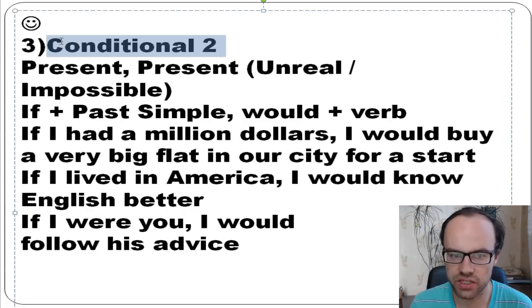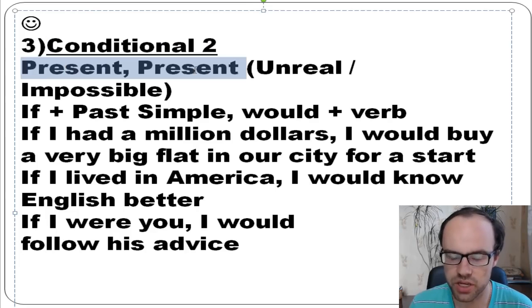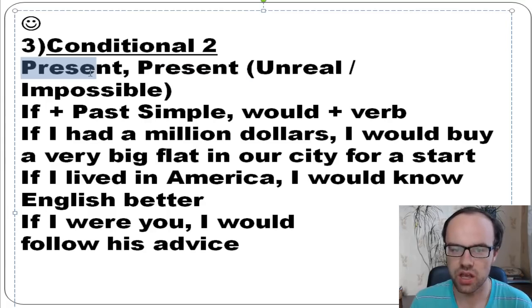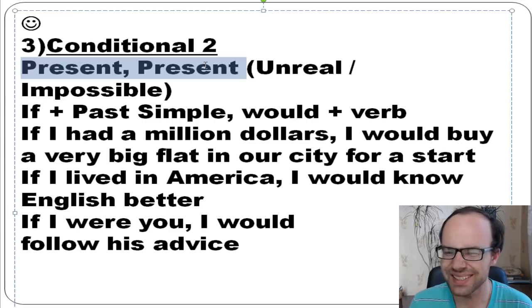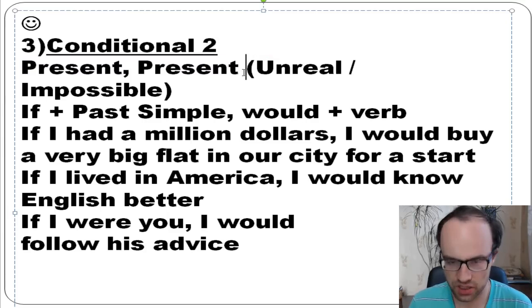Okay, the second conditional. So when do we use it? It's for present and present. So you talk about the present in the first part of the sentence and in the second part of the sentence, but it's about unreal things, something impossible.